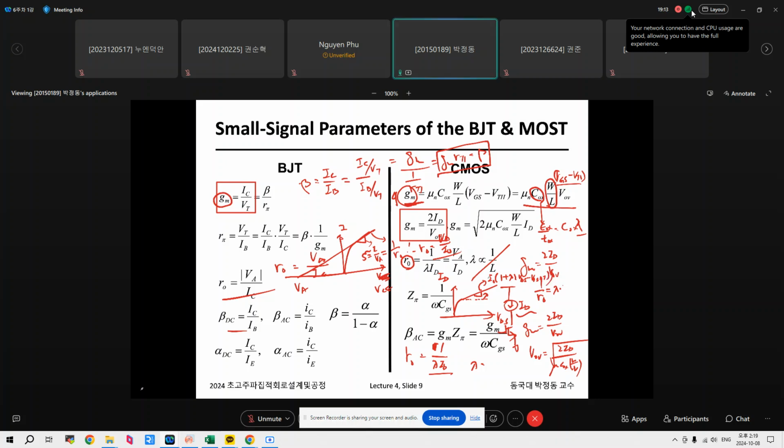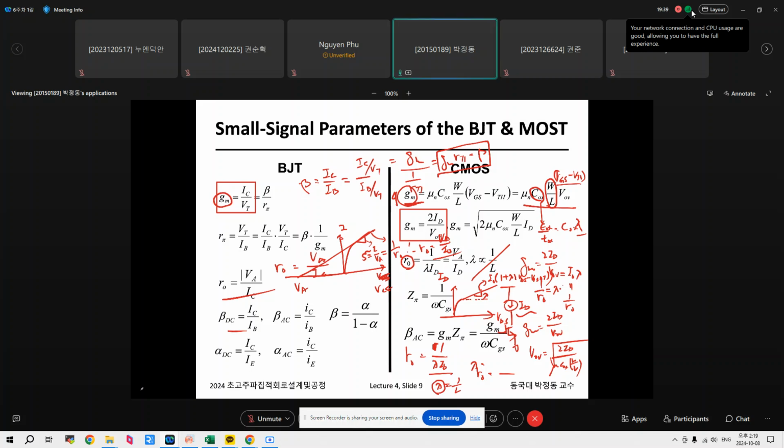If you take a derivative with respect to VDS, this becomes I0 lambda, which is 1 over RO. Therefore, RO is 1 over lambda ID. Here, lambda is proportional to 1 over L because this considers channel length modulation.